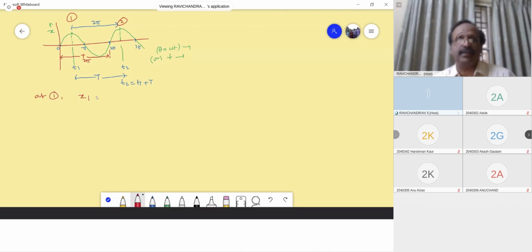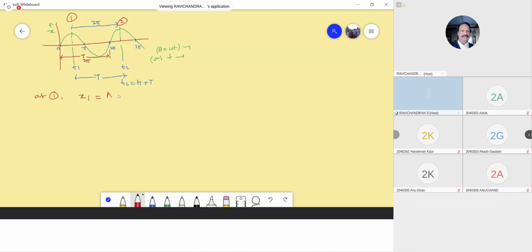At x1, y1 is equal to A sine of omega t1 plus phi 1. At x2, y2 is equal to A sine of omega t2 plus phi 2. It's clear?